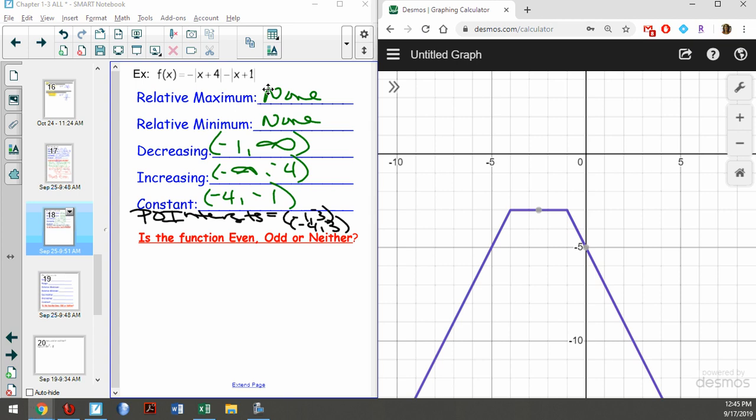Then between -4 and -1, as my x's increased, my y's stayed the same. And then as my x got past -1, my y values kept dropping as my x values got larger. Do we understand that? So increasing, decreasing, and constant are comparing your y values as x gets bigger.